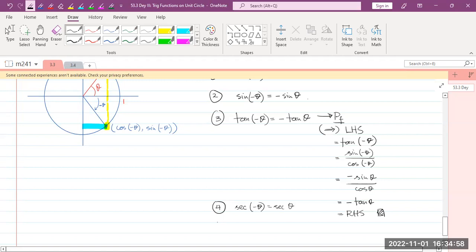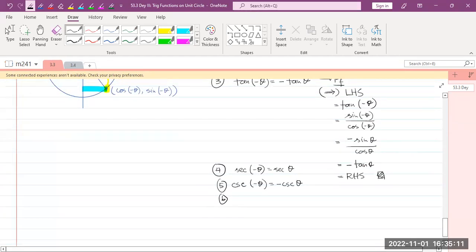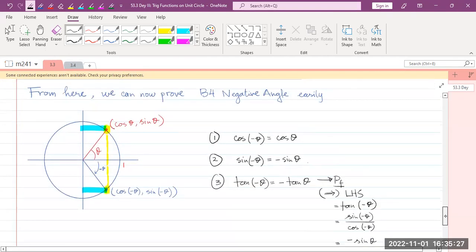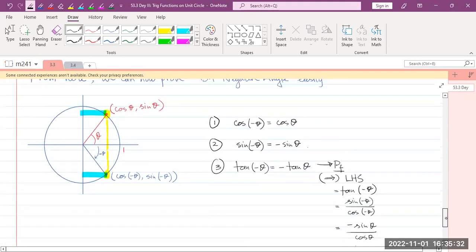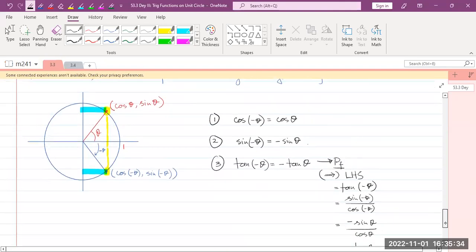Cosecant negative theta is negative cosecant theta, and cotangent negative theta equals negative cotangent theta. Now, this is basically what we have in B14, the trig functions of negative angles.